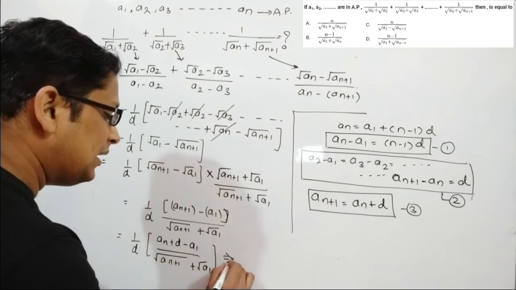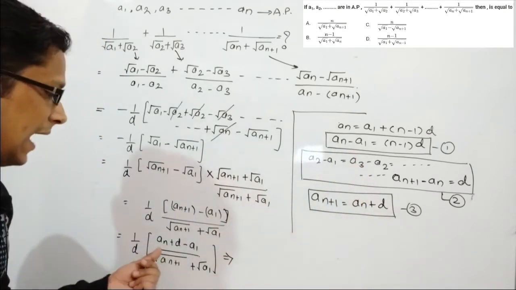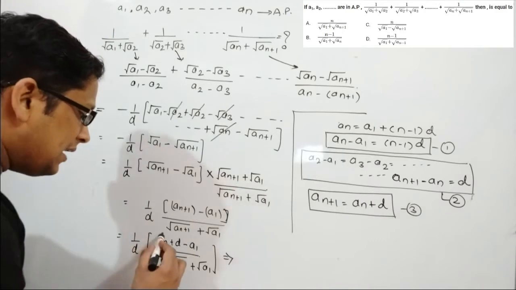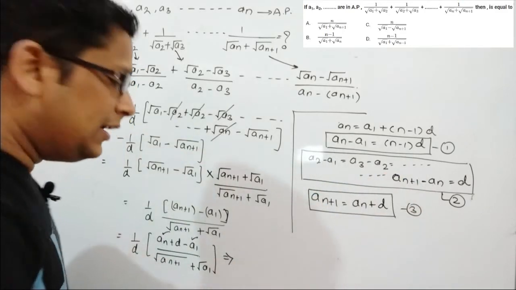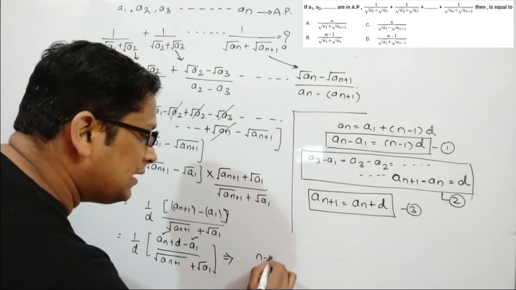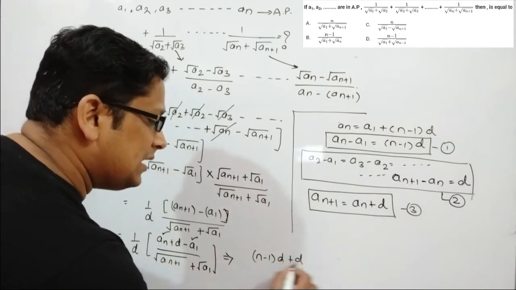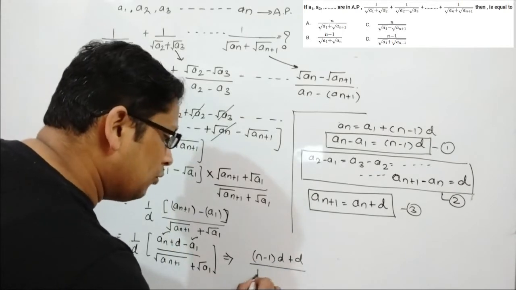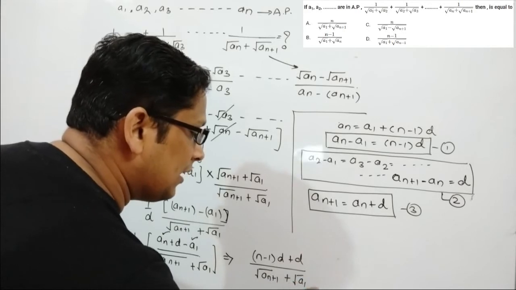Now this can be written as, see, we have to use our equation first. This an minus a1 can be written as (n minus 1) into d. So (n minus 1) into d, and this plus d will be there, divided by √(an+1) plus √a1.